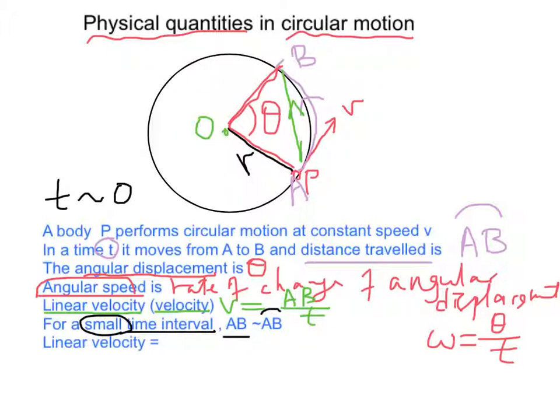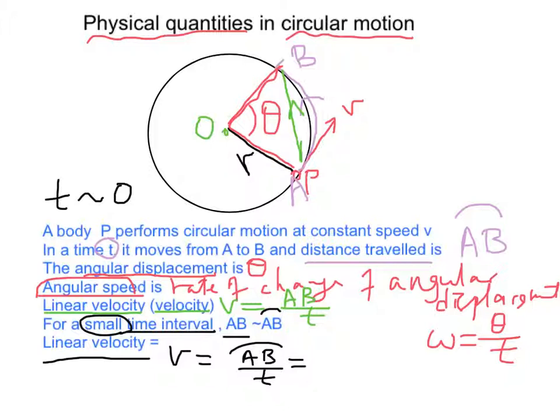Therefore, the linear velocity of the body is v equal to arc length of AB over time t.